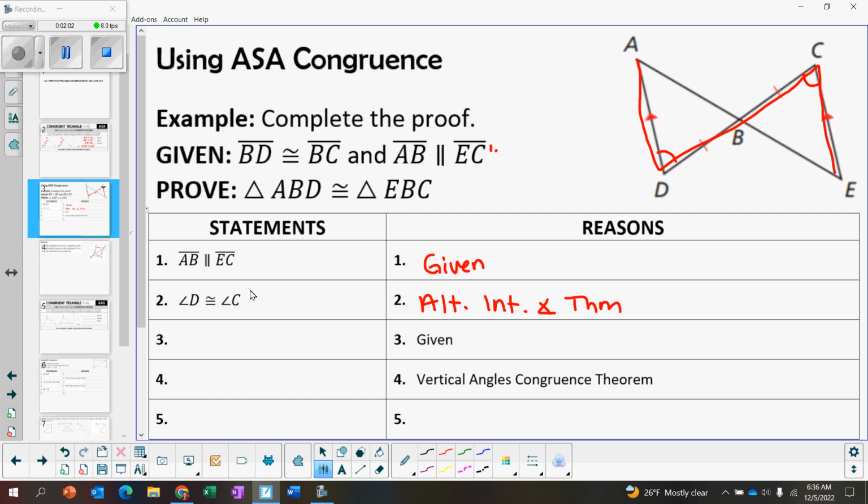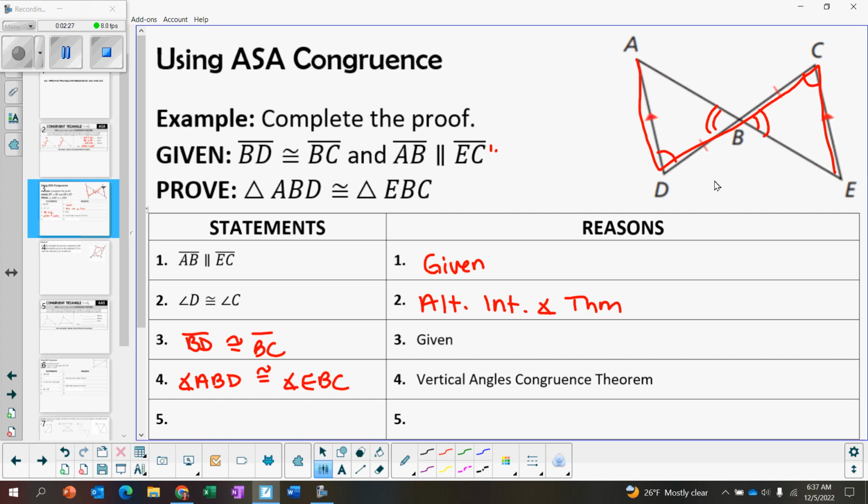Then they want the other units. We're going to include the fact that segment BD is congruent to segment BC. And the next thing is we want to use the vertical angle theorem. My vertical angle is happening here. So angle ABC is congruent to angle EBC.